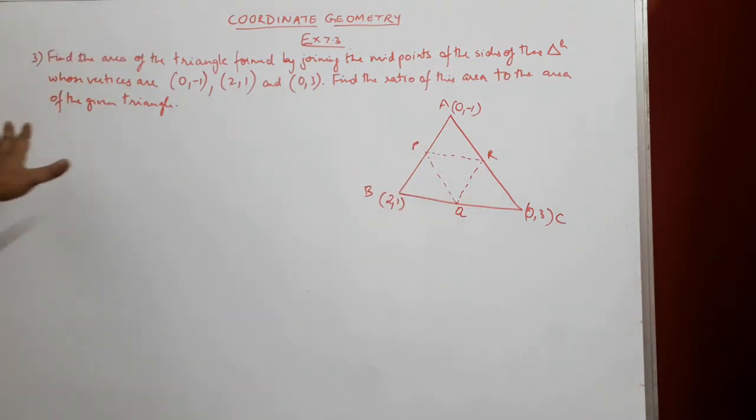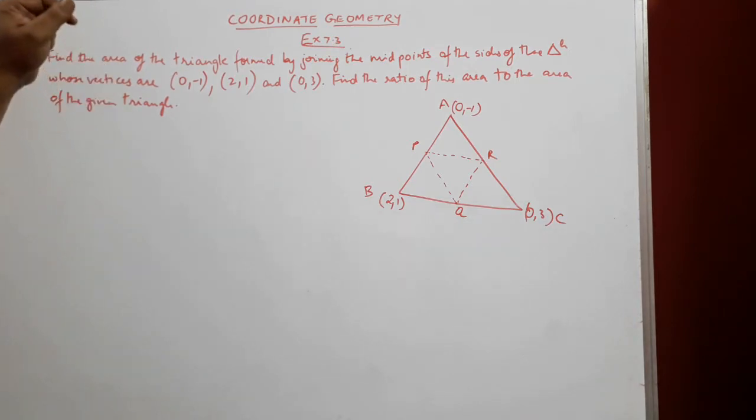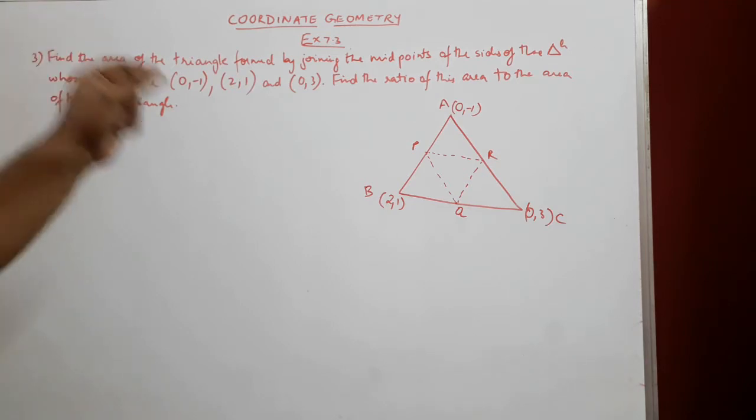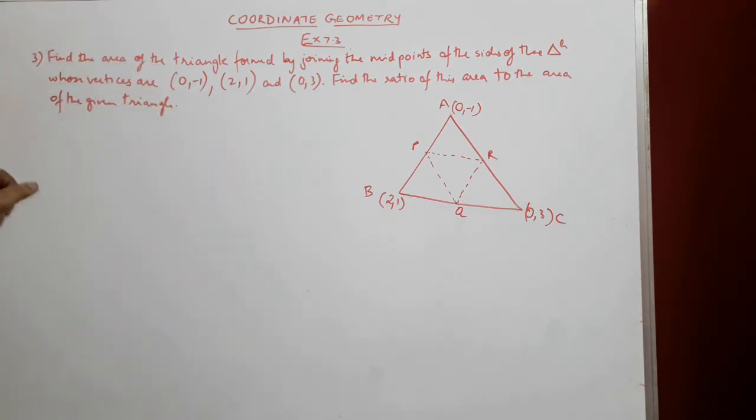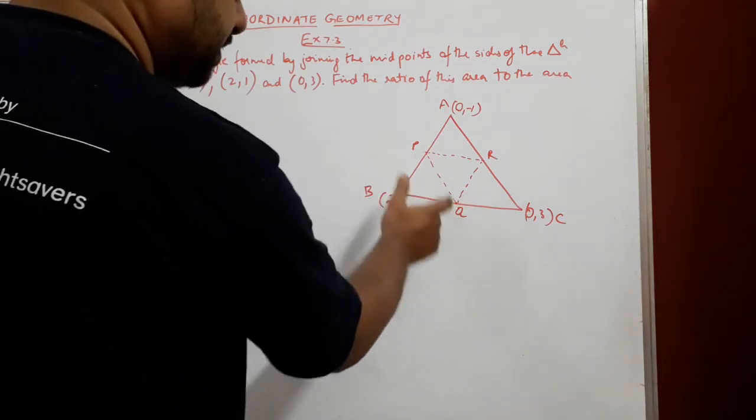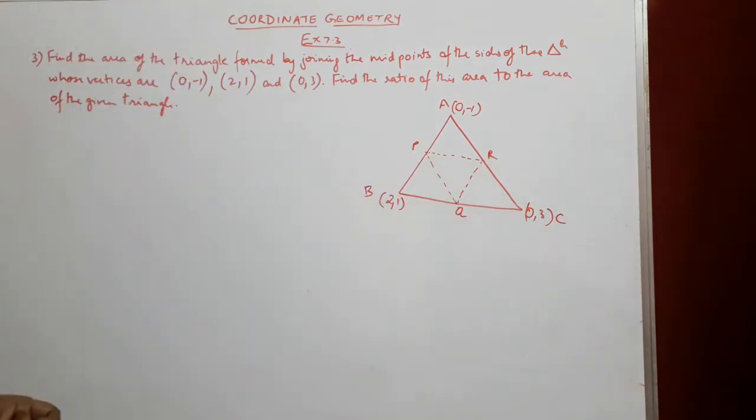So let us first begin by assuming A, B and C, and then the midpoints as P, Q and R. And our first job is to find out the coordinates of the midpoints. Okay, so let us begin our solution.